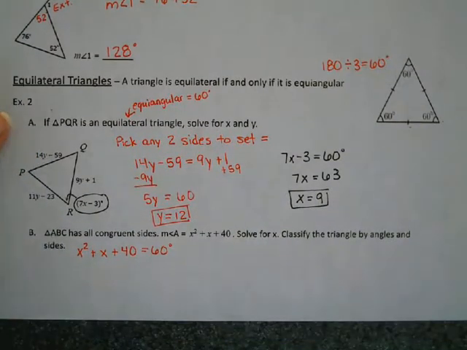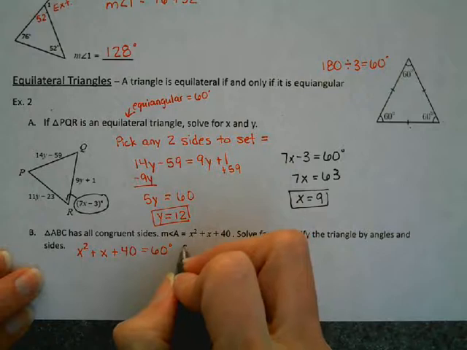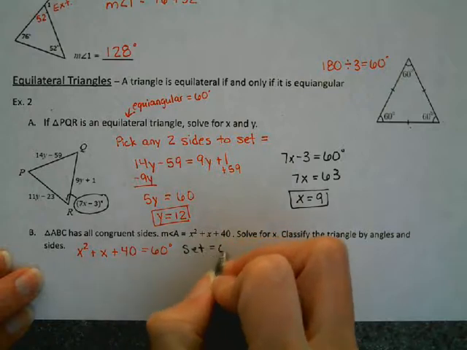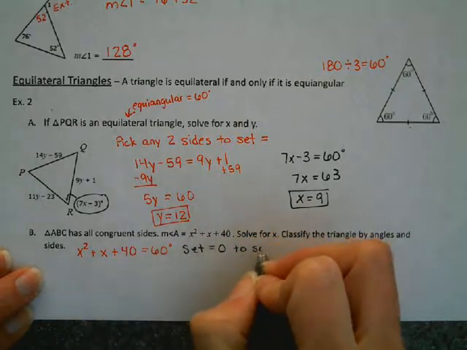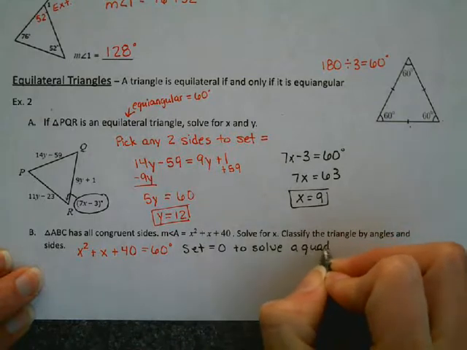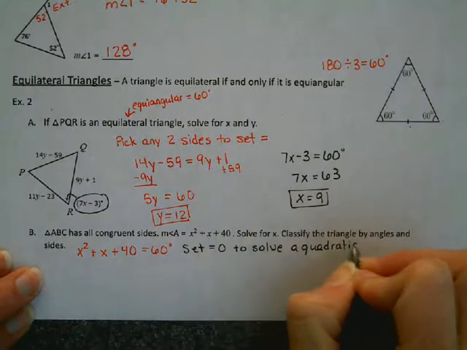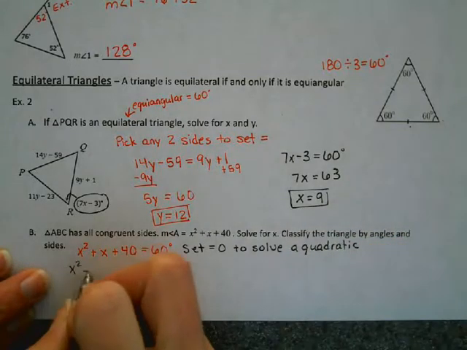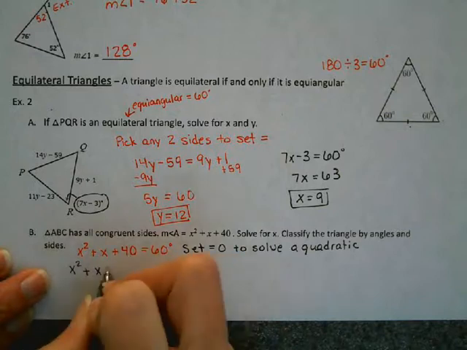This is a quadratic, so we're going to need to set it equal to 0 to solve. So I'll subtract 60 over and get minus 20.